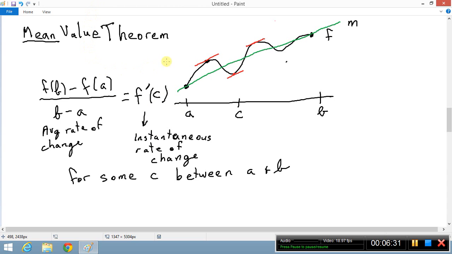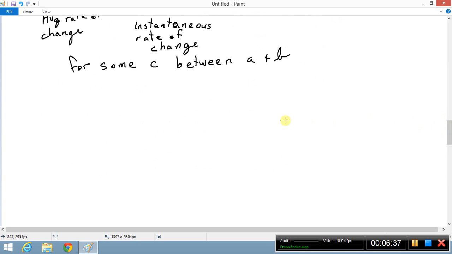Okay, let's illustrate this with an example. So let's suppose that we take our favorite function here, f of x equals x squared. And I want to look at it on the interval from, let's say, -1 to 3. So here's the picture of what we are dealing with.